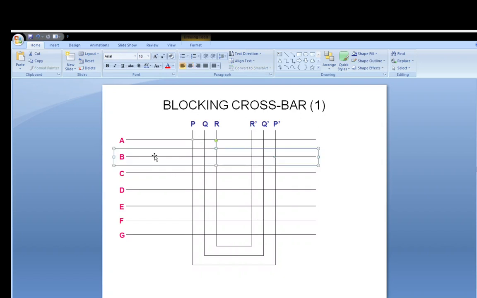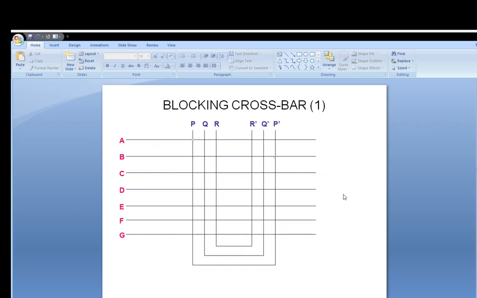Now we have to energize B. Now this B line is energized and then energize P bar. So this point will also be connected, and because this P bar and P are the same, through this point A and B will be connected. So what will be the sequence?